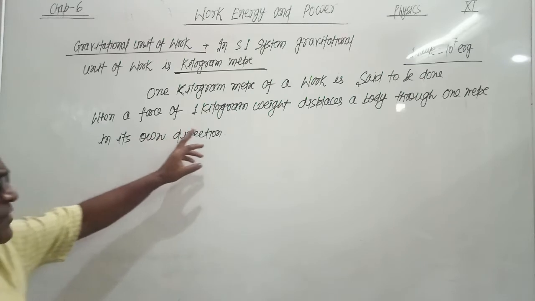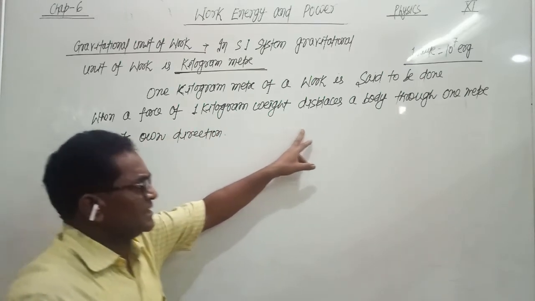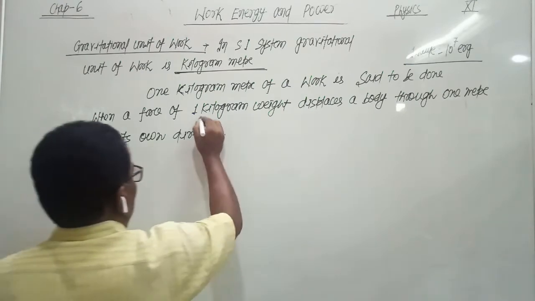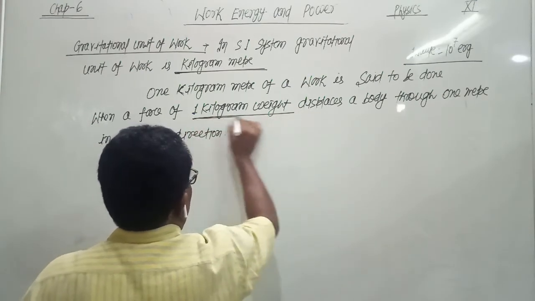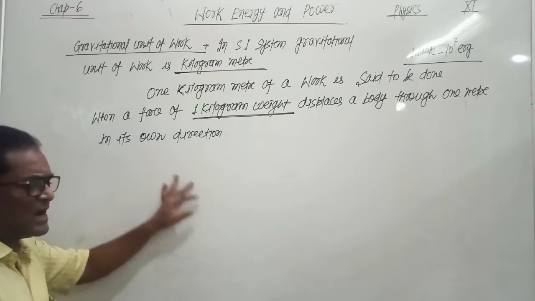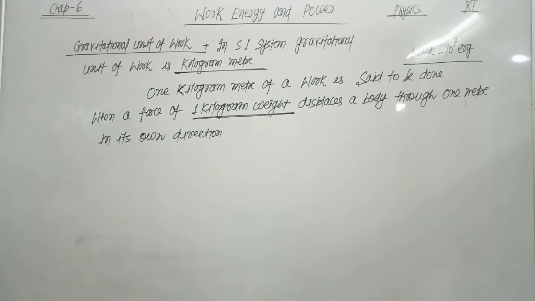So when a force of 1 kilogram weight displaces a body through 1 meter in its own direction, this is the definition of 1 kilogram meter of work, and the gravitational unit of work is kilogram meter.